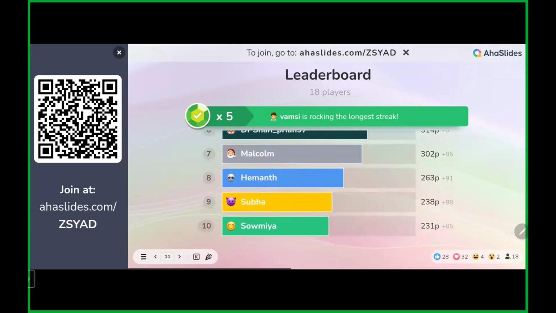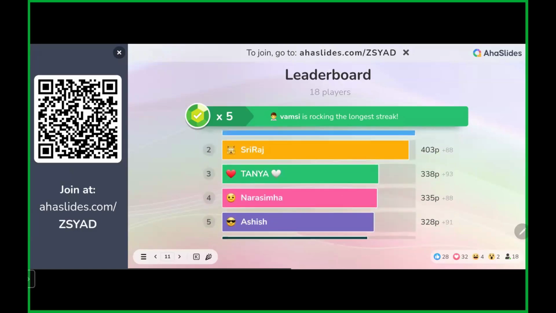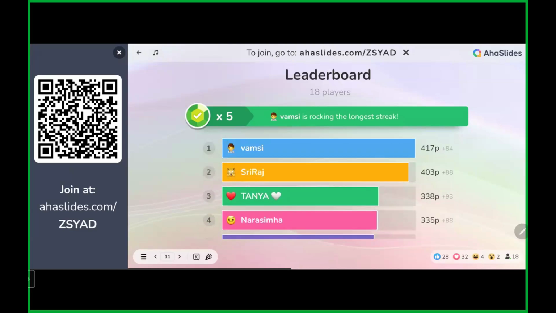Look, Hemant has also joined. Subha, Soumya. We remember you, Soumya, the 2 Soumyas. Congratulations to all of you guys. You are doing great. Just remember, every question has its point. The fastest way to score is clicking and knowing the answer accurately and in good time. Let's see if you can do that in the next question as well.